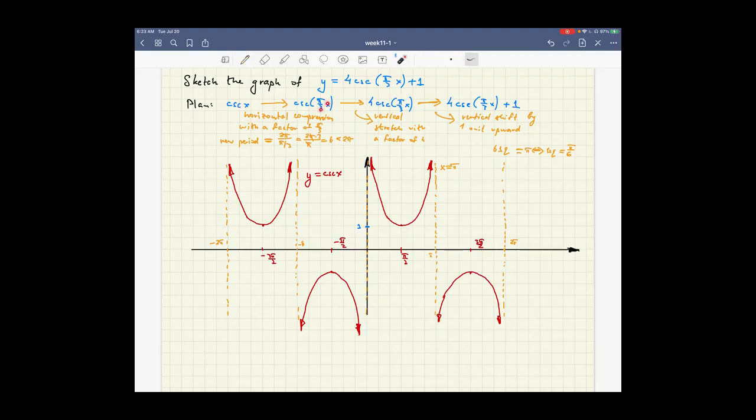Because when x is 3, we get cosecant pi, and that's 1 over sine pi, and that's undefined. So what I offer is just copy-paste this same graph and only change labels. Do not change the picture itself.